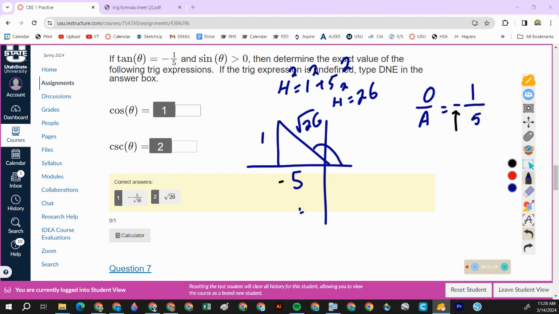What is the cosine? Negative 5 over the square root of 26. And they did not make you rationalize that denominator. Okay. What is the cosecant? Cosecant is h over o. So that would be root 26 divided by 1. Can you handle those?